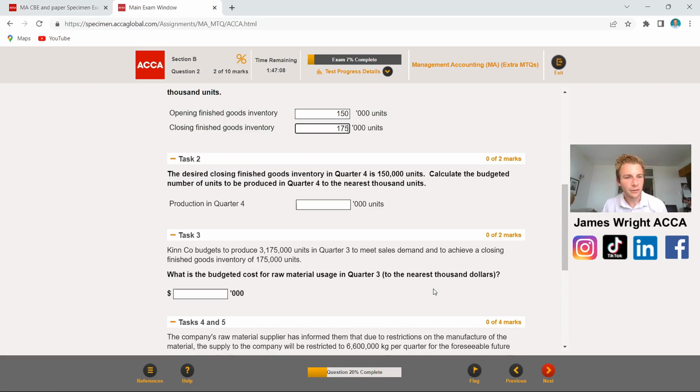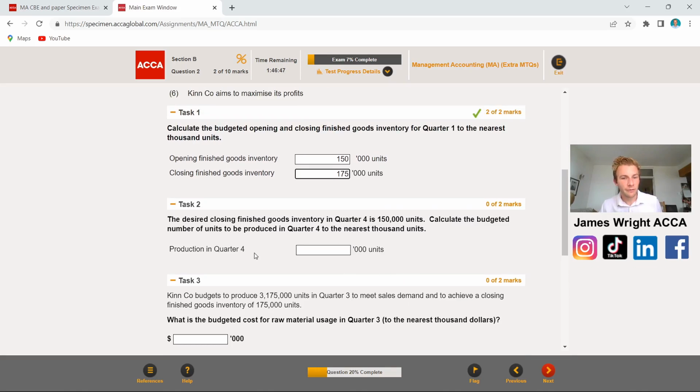So let's have a look now onto task 2, where we're asked about the desired closing finished goods inventory in quarter 5 is 150,000 units, okay? Calculate the budgeted number of units to be produced for quarter 4 to the nearest 1,000 units on there. So what we need to be doing there is working out we've been given the closing finished goods.